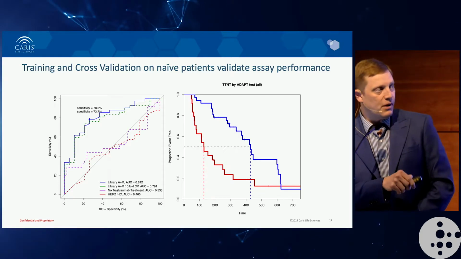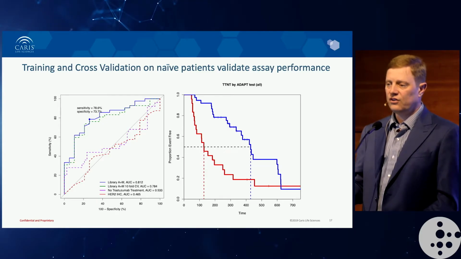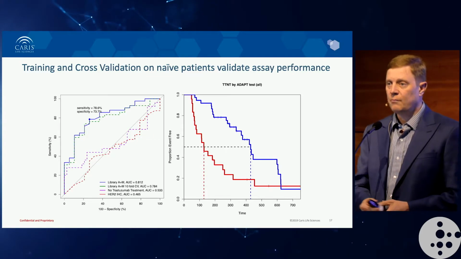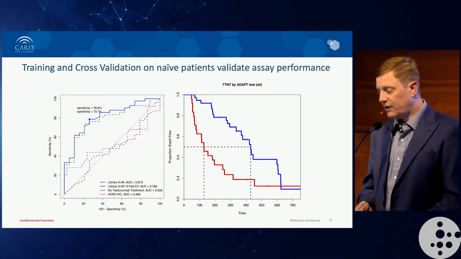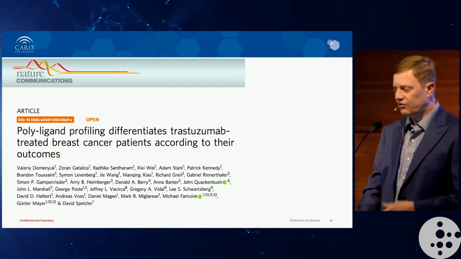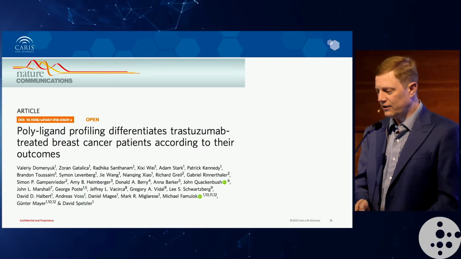So these are the test-positive women, these are the test-negative women. And so not only is it something that we can see in terms of staining and diagnostic performance, but it does translate to clinical benefit for the patients that are test-positive. So we published this last year in Nature Communications. It's all there for you to read about in detail when you're having trouble sleeping at night.